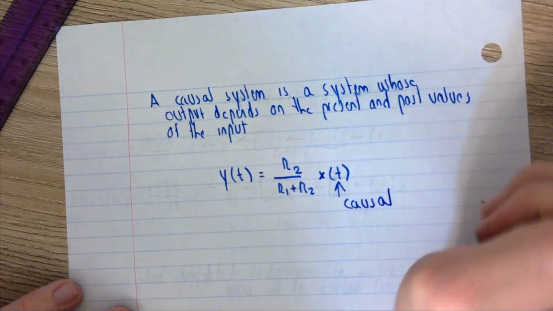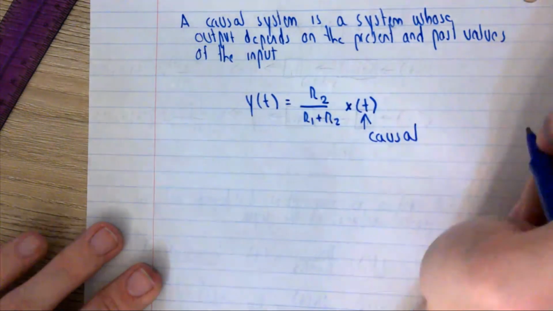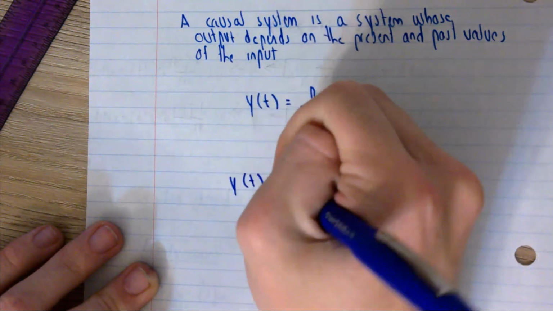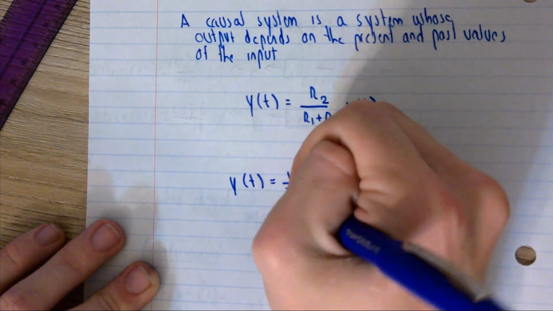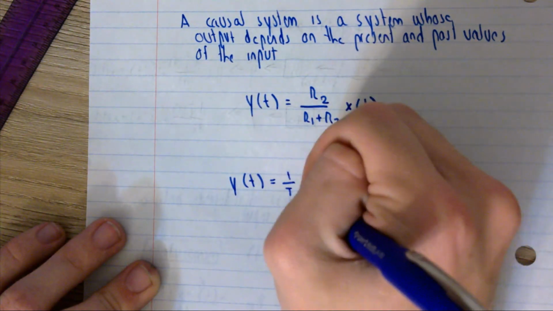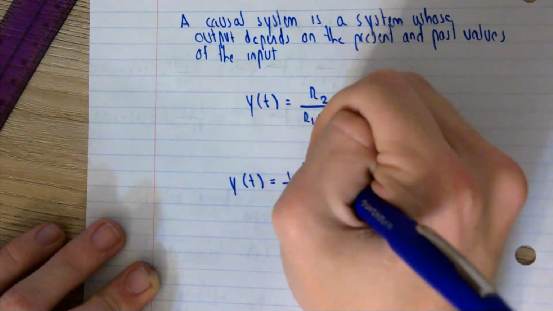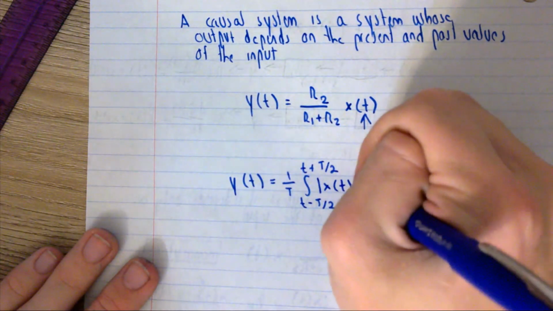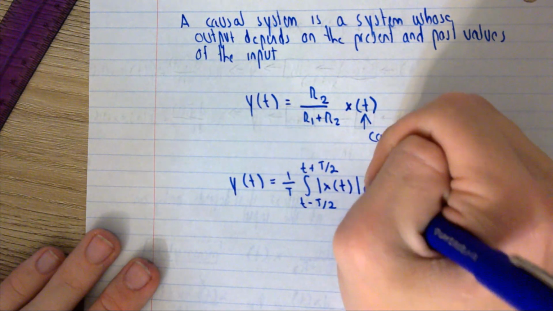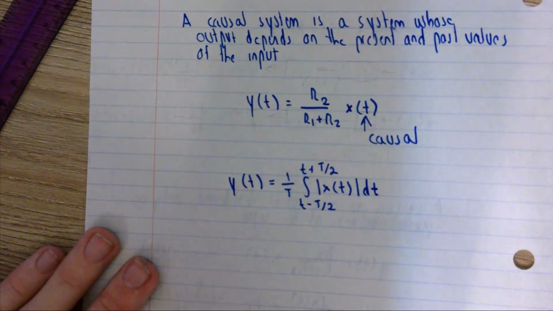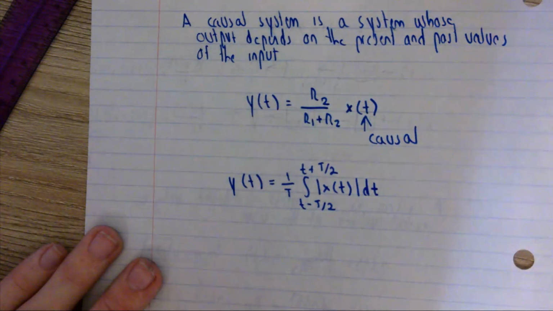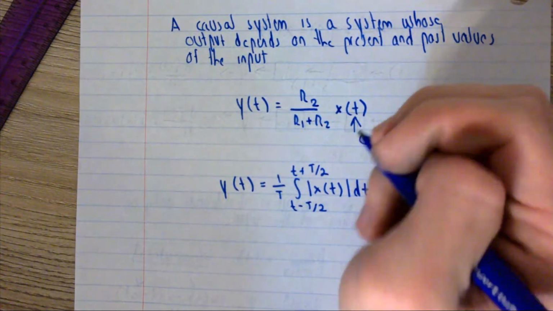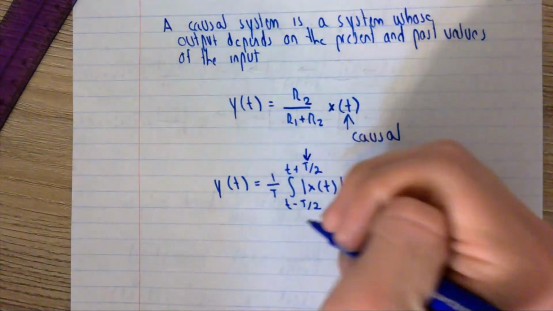The next one, let's look at this one. y of t is equal to 1 over T, integral from t minus T over 2 to t plus T over 2 of x of t dt. Specifically, the large T is the length of the signal, but t is the present value of the signal.